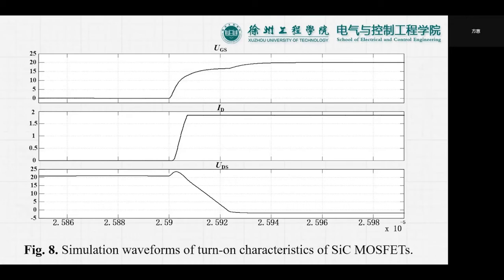When the driving voltage is higher than the threshold voltage, at this time, the drain current increases exponentially, and the corresponding drain voltage decreases rapidly. This process is the turn-on process of a MOSFET.